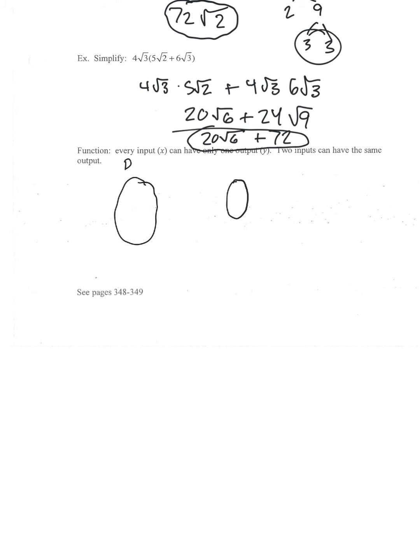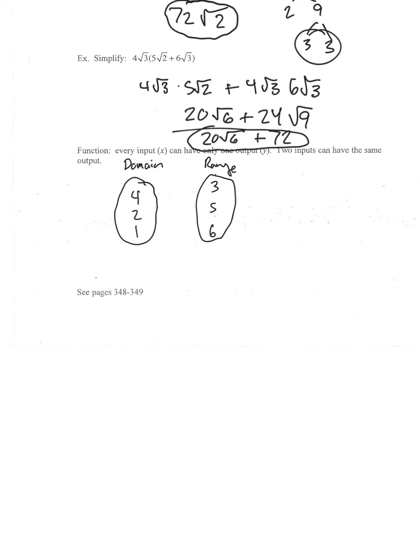So I'm going to demonstrate how one of these looks, a function situation. And then there are a few other examples that you can look at on pages 348 and 349. So here's your most basic function example: if you have a domain that includes numbers like 4, 2, and 1, each of these could be thought of as inputs, and they could be paired with a unique output in the range, right?